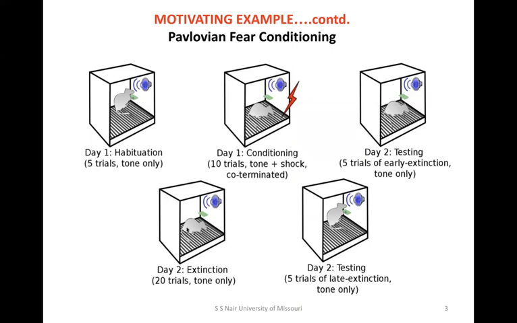Now, if you provide many tones without shock, these are called extinction trials, and the rats will learn not to fear the tone. They feel that the tone no longer predicts shock, and so they continue feeding again. Does this mean that the fear memory has been erased? That's what researchers thought initially.